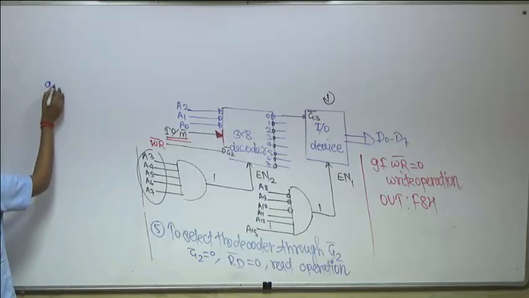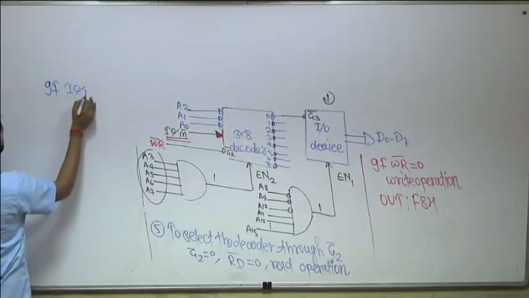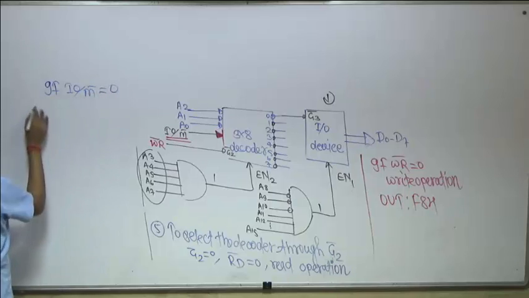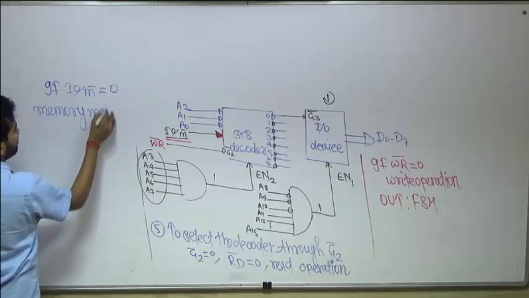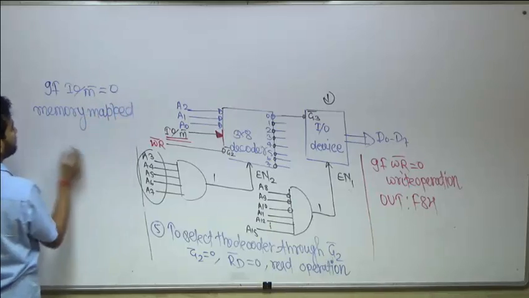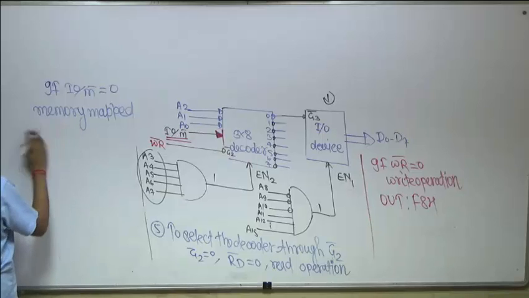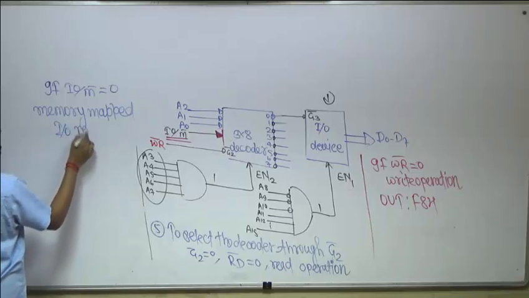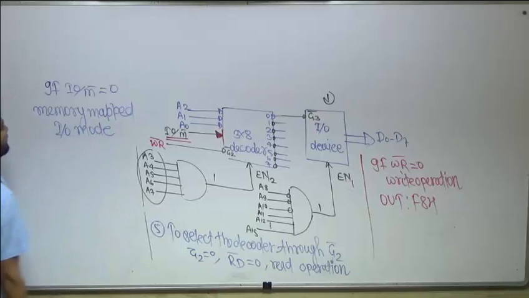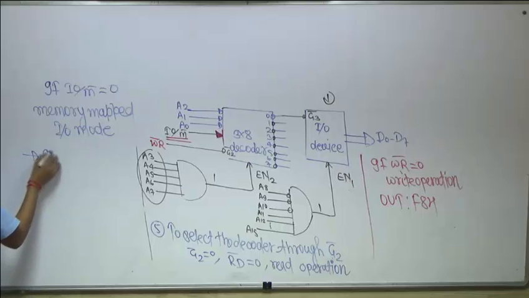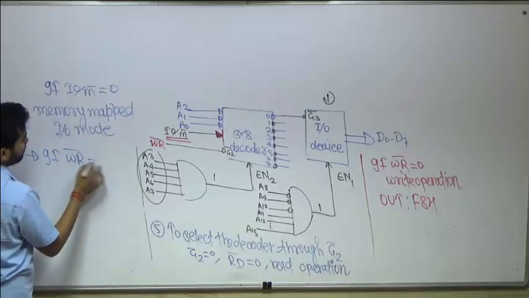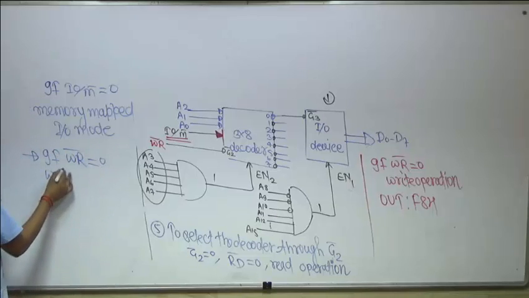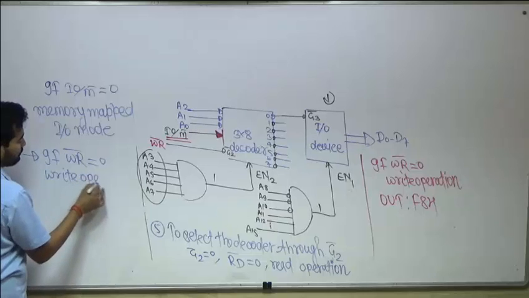If IO memory bar is 0 only, that means it is connected in memory mapped IO mode. And if instead of read bar being 0, write bar is 0, the operation involved is write operation.